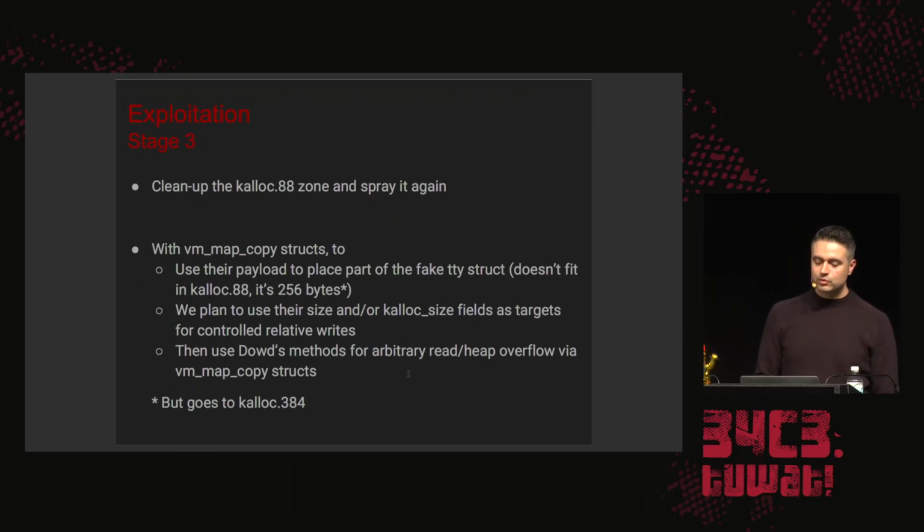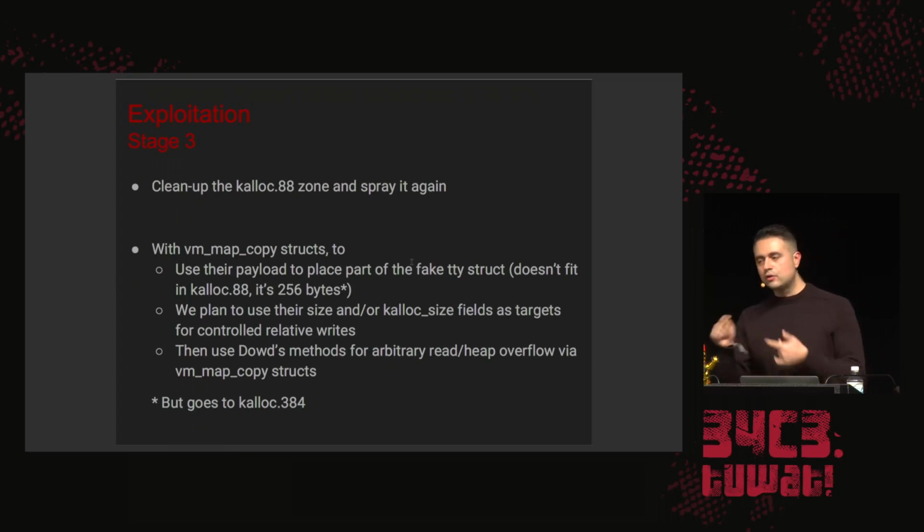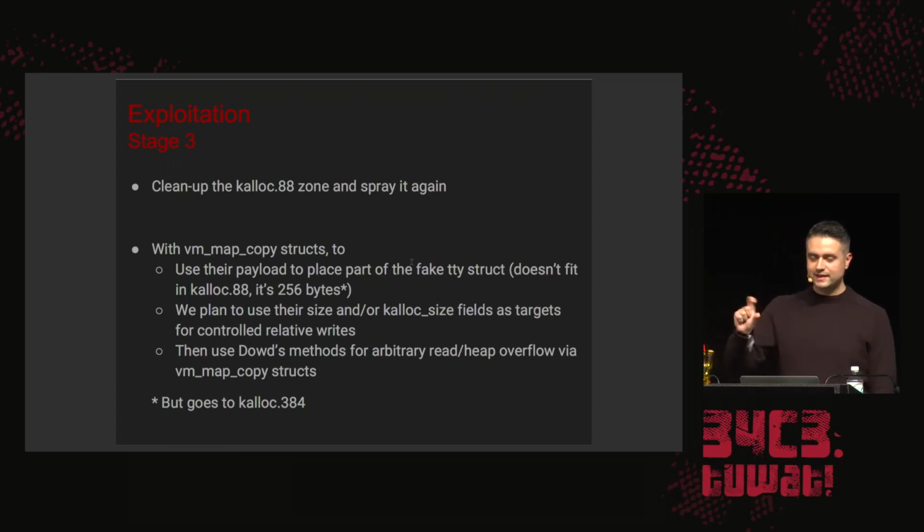The problem at that point was that the TTY struct was 256 bytes, and calloc88 slots are only 88 bytes. So with just the first 88-byte elements, I couldn't get to the path that was giving the write. So I needed to find some other way to host my fake TTY struct.